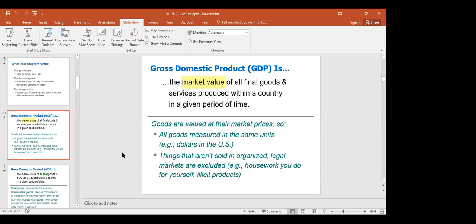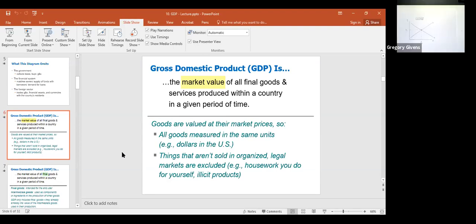And so the basic supply and demand model tells us that in equilibrium, the price that prevails should reflect true market value, right? That's the basic reason why we use actual market prices as a proxy, if you will, for market value when we're trying to think about gross domestic product.